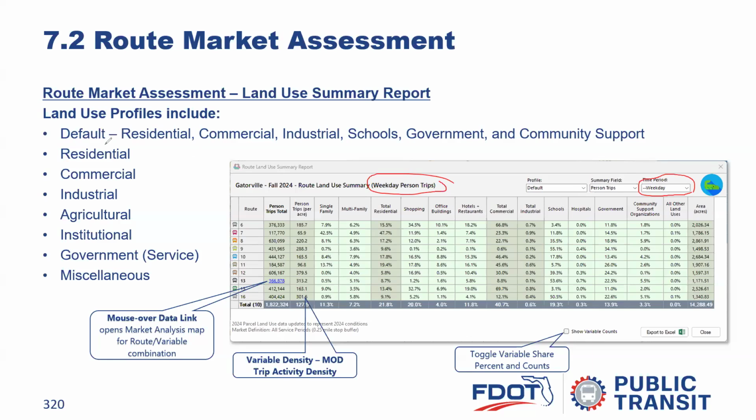You also can summarize, just like we did in the land use market analysis, by residential, commercial, industrial, schools. So you have those profiles available to you here to just show those variables. The default profile, as we mentioned before, has a combination of land use types that are most common and probably the most relevant for transit market assessment.